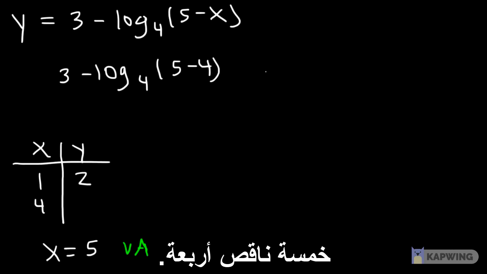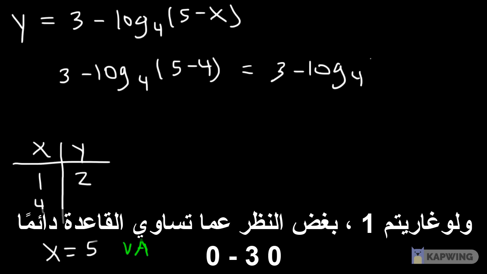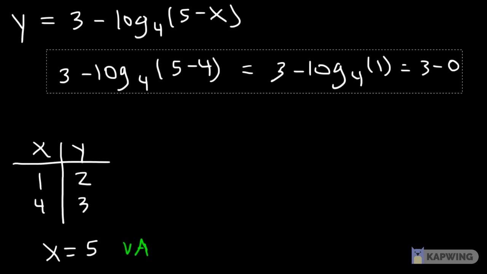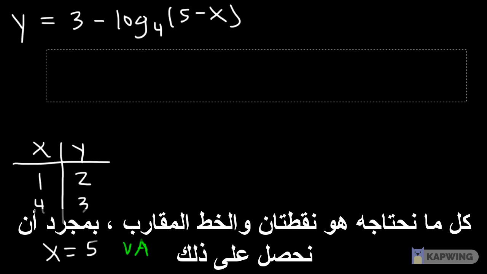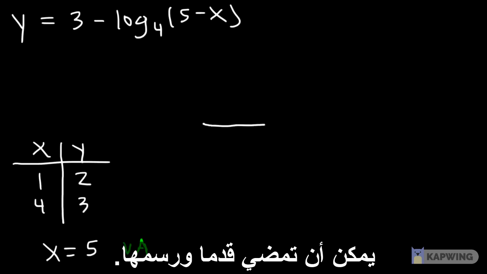Five minus 4 is 1. And log of 1, regardless of what the base is, is always equal to 0. 3 minus 0 is 3. So all we need is 2 points and the asymptote. Once we have that, we can go ahead and graph it.